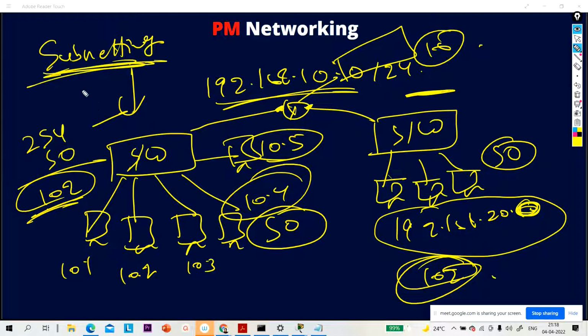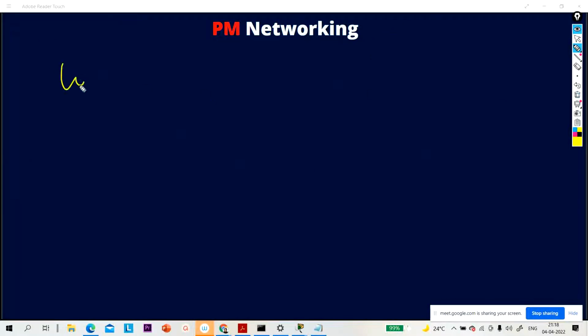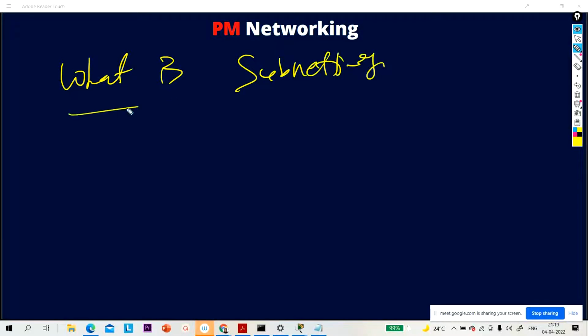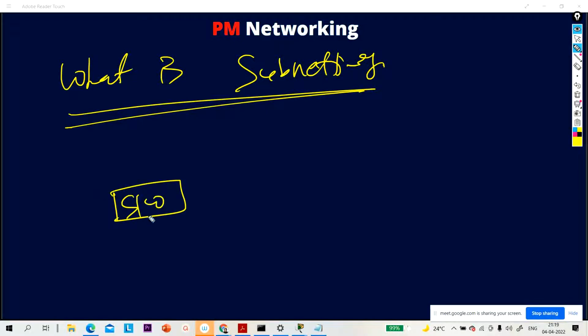Now what is subnetting? Dividing a big network into multiple small networks, to control the waste. Here I was creating one network with 50 users.